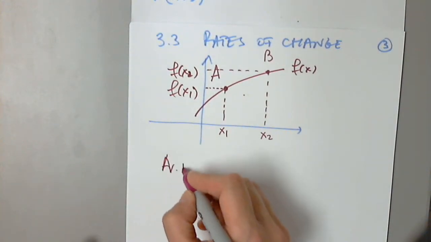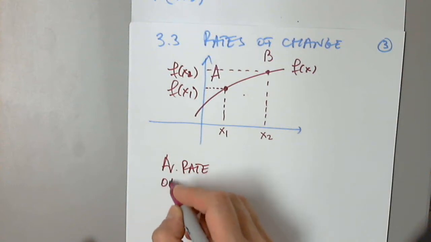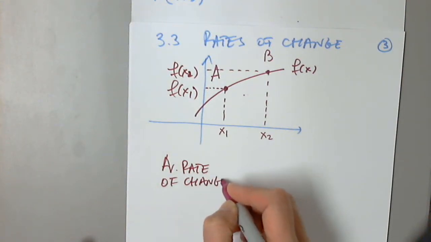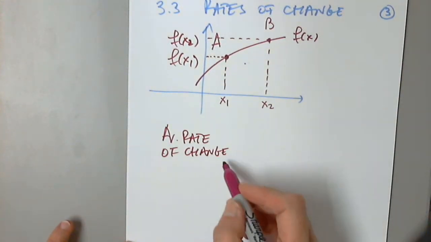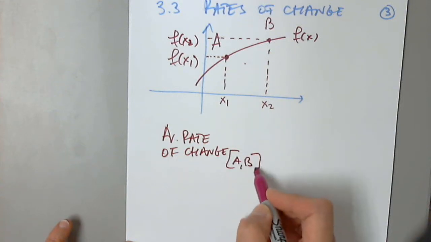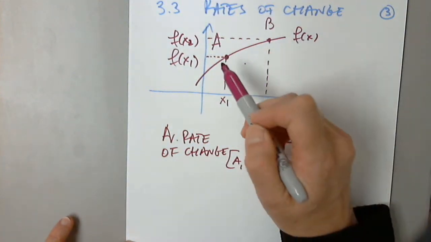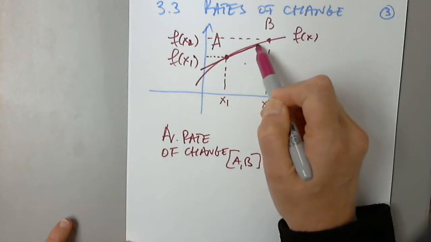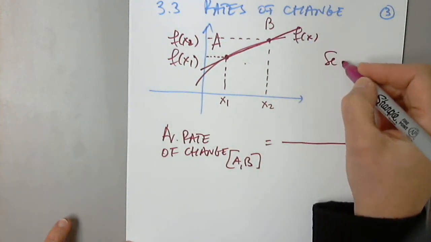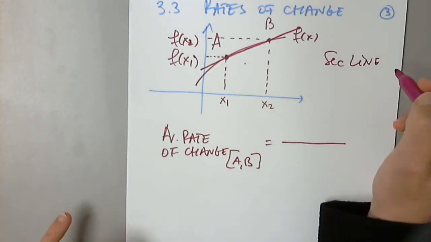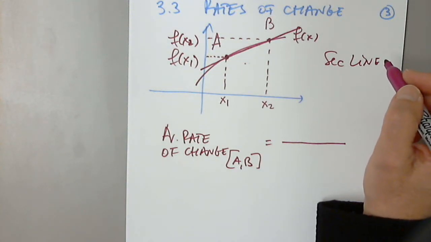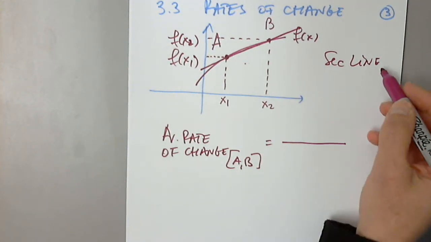So the average rate of change for this function between A and B would be nothing else but the slope of this line. It's called the secant line. It's not the function called secant that we will talk about later. It's the secant line.